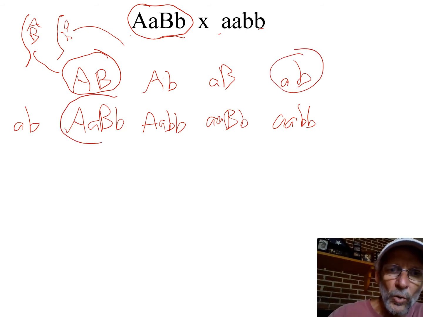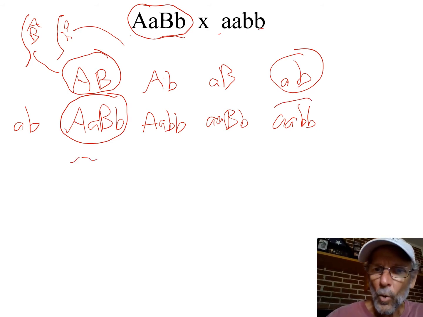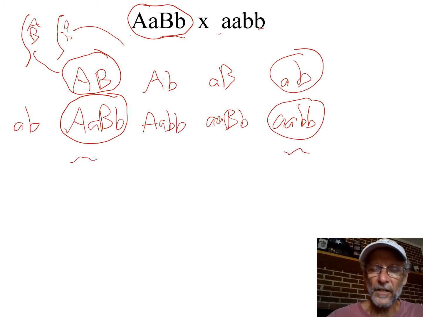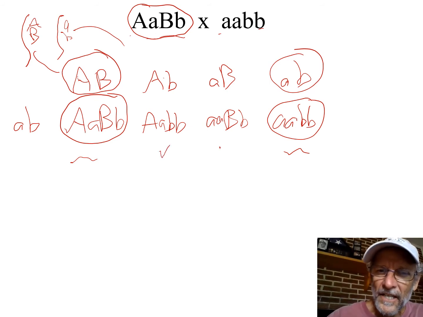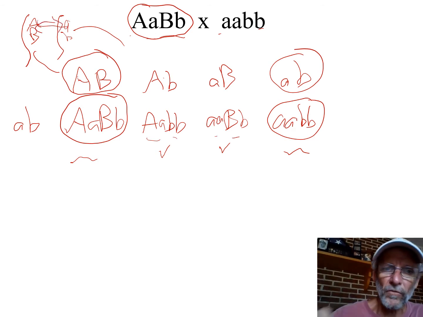So you'd expect only kids that show both dominant traits or kids that show both recessive, and you'd expect 50-50. But the reality that led him to this idea of crossing over was that you still get some of these kids that have one trait dominant, the other recessive. And that has to be because these crossed over.